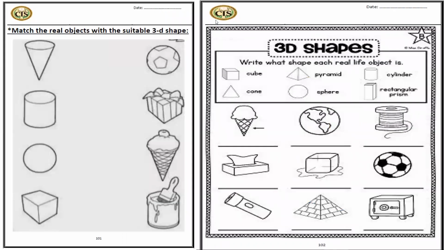Then match the real objects with the suitable 3D shapes. Yes, cone. What does it look like? Excellent, Muhammad Farahat. It looks like the ice cream.